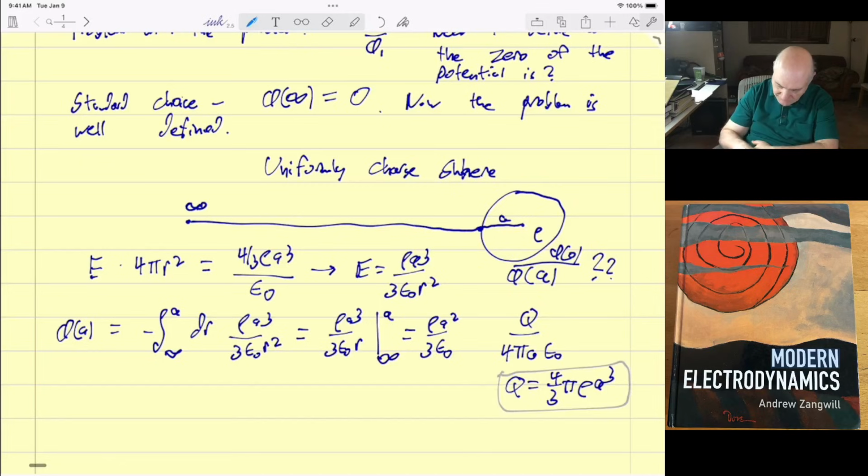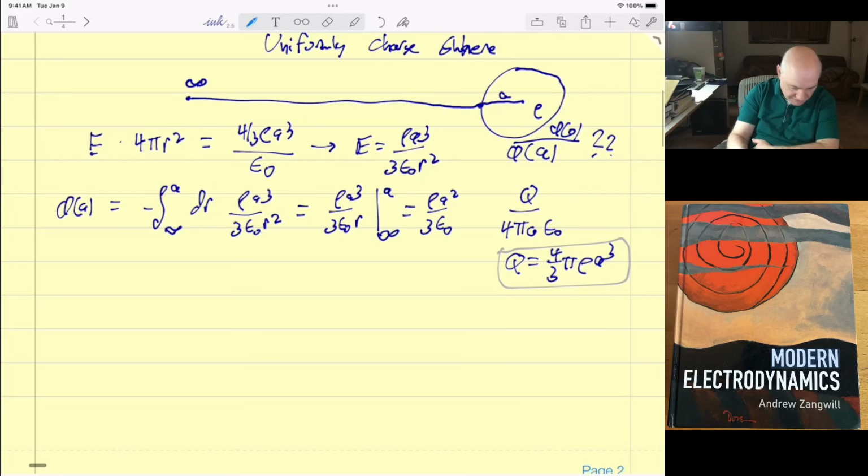Okay. And then if we want to get the potential at 0, it's going to be the potential at a, and now we're going to integrate, minus the integral from a to the origin, dr. I didn't get the electric field inside, so let's do the electric field inside.